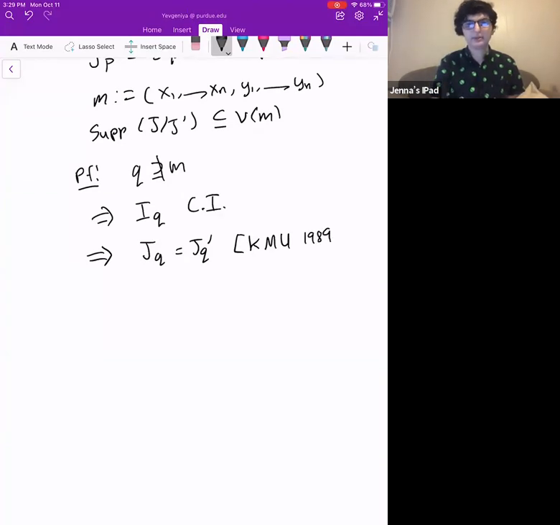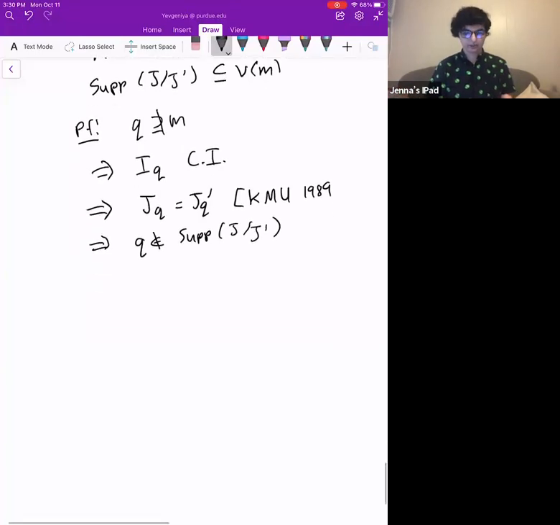And really in that paper, they said that if I is a complete intersection, or more generally, a Gorenstein ideal in the linkage class of complete intersections, then J is equal to a sum of links, and our links are compatible with the links in that paper. And then, now that we have J_Q is equal to J prime_Q, it's clear that Q can't be in the support of J mod J prime.